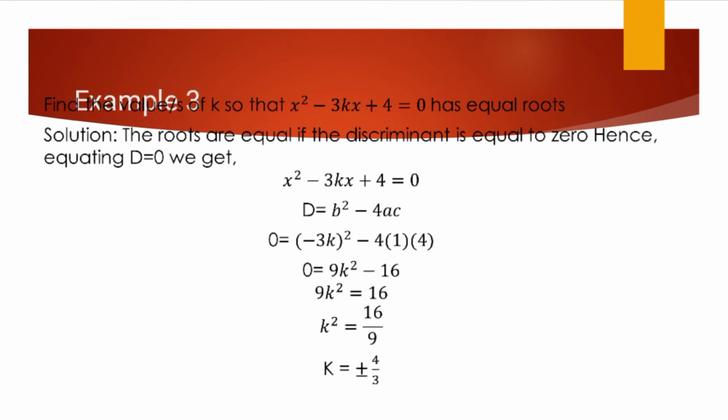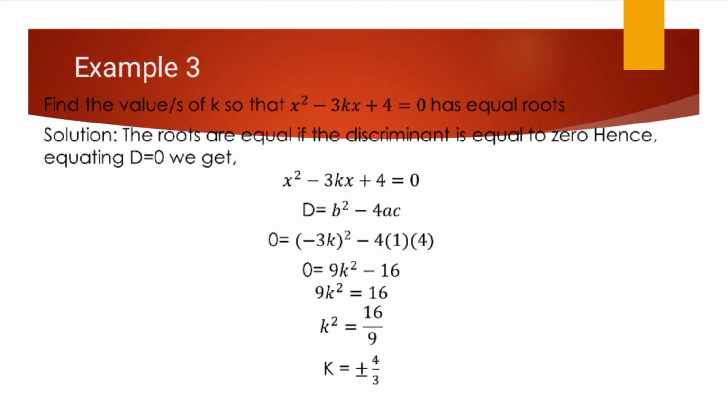Example number 3. Find the value or values of k so that x squared minus 3kx plus 4 equals 0 has equal roots. So, solution, the roots are equal if the discriminant is equal to 0. Hence, equating D equals 0.